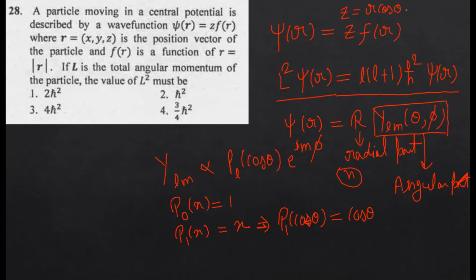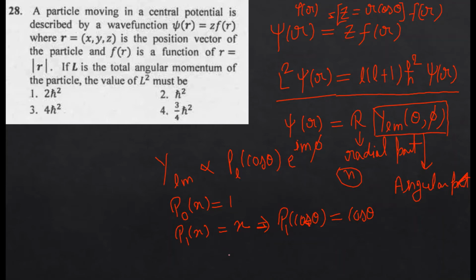So now the wave function psi r will become r cos theta f r. So instead of writing z, you can write here P1 cos theta.